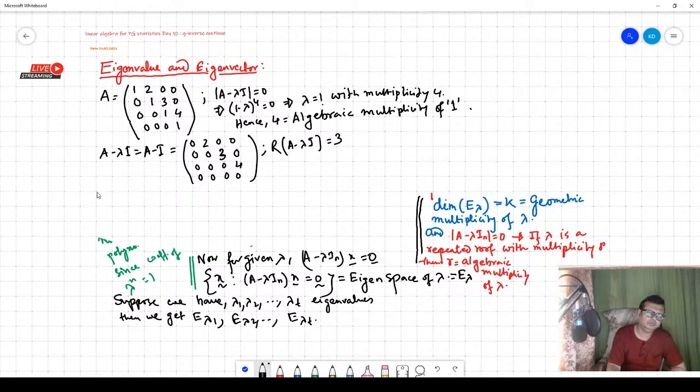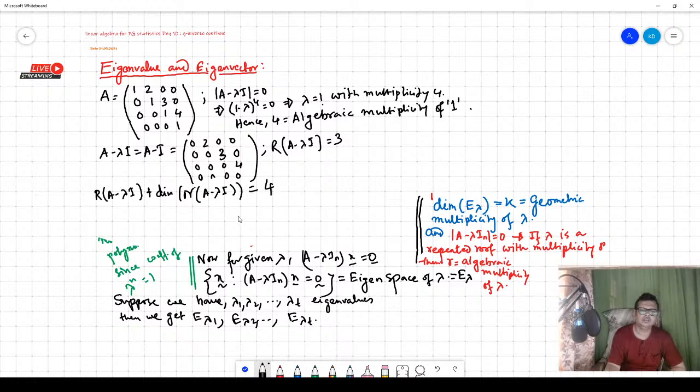And we know rank of A minus lambda I plus dimension of null space of A minus lambda I is the order of matrix A, that is 4.